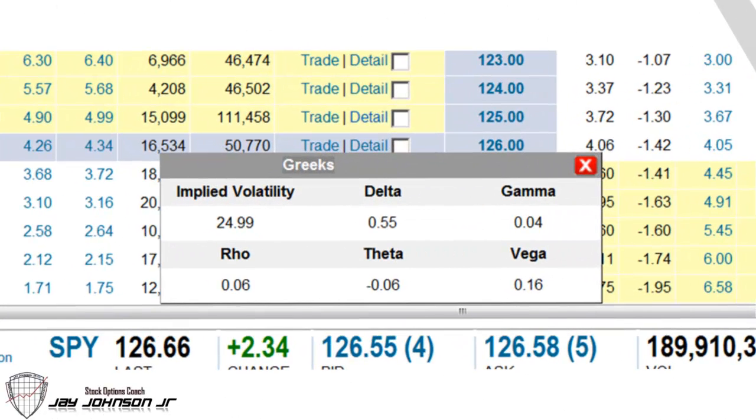But first, this is what the Greeks look like. This is a snapshot of the Greeks. As you see, we have delta, gamma, theta, and vega. And also on the top left, we have implied volatility, which is also referred to as just volatility. Volatility is very important. We're going to talk about that later in this video.